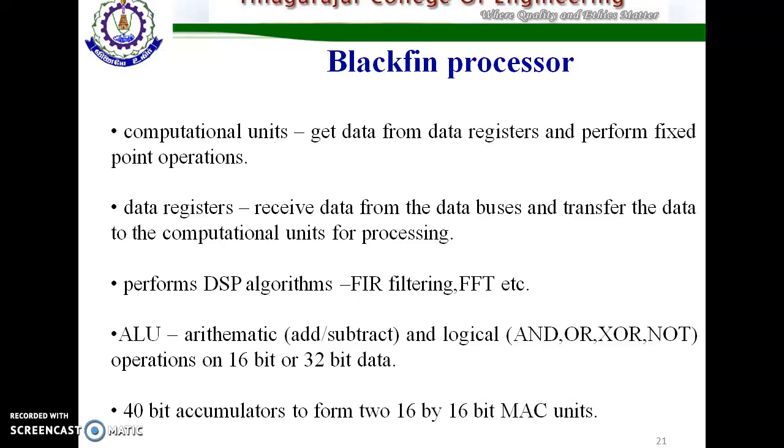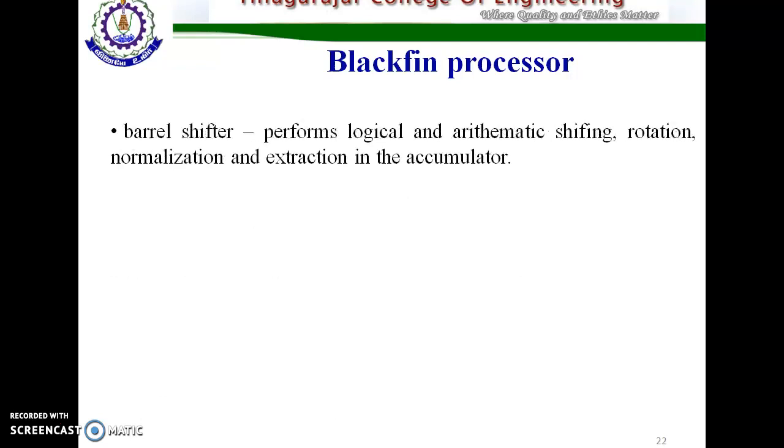In the arithmetic logic unit, both arithmetic and logical operations are done using 16-bit or 32-bit data. The function of the barrel shifter is to perform logical and arithmetic shifting, rotation, normalization and extraction, all done at the barrel shifter.